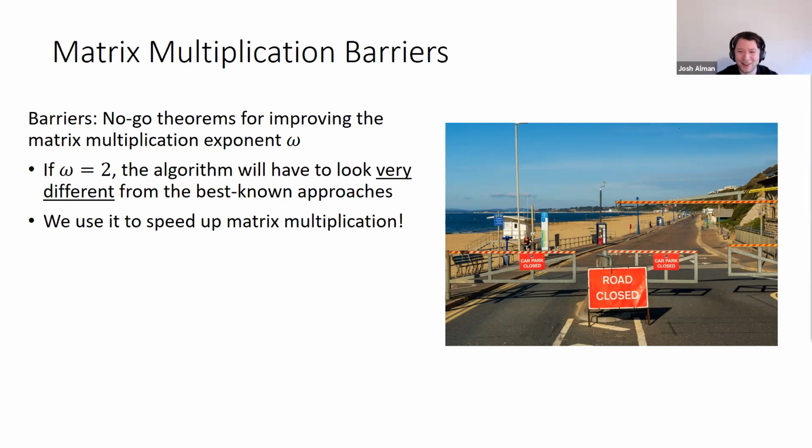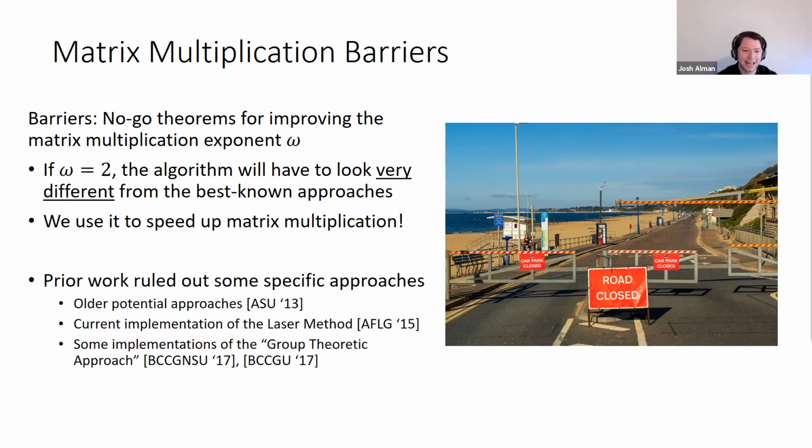Okay, so I should mention before I get into this that we're not the first people to notice that we're kind of stuck on matrix multiplication and ask why is that. And there's a lot of nice prior work that ruled out some specific approaches to designing matrix multiplication algorithms.